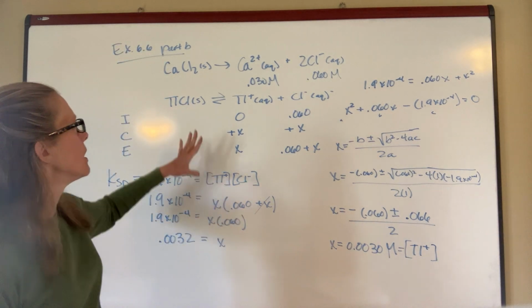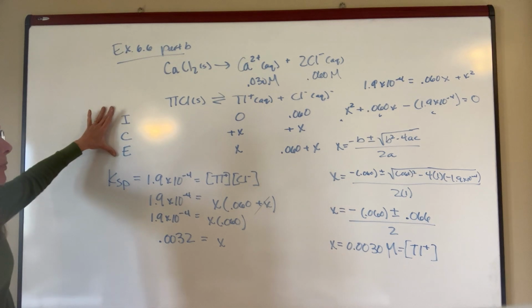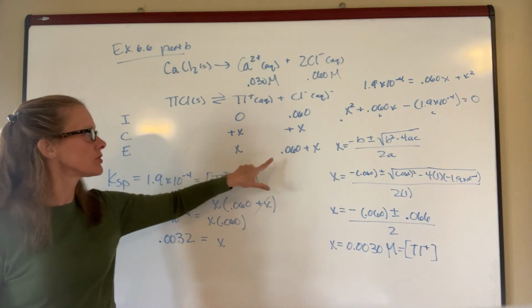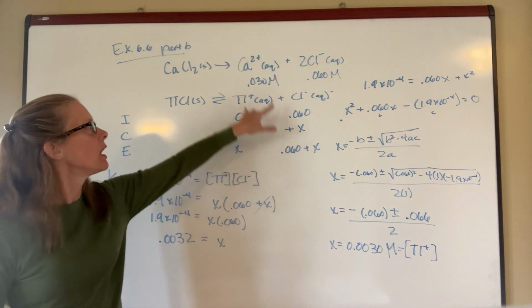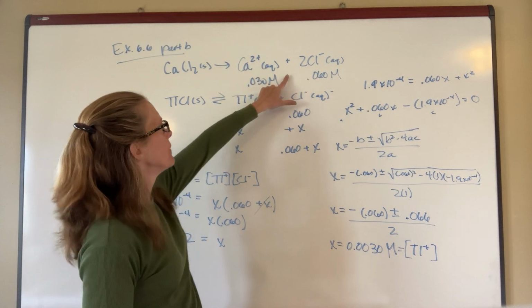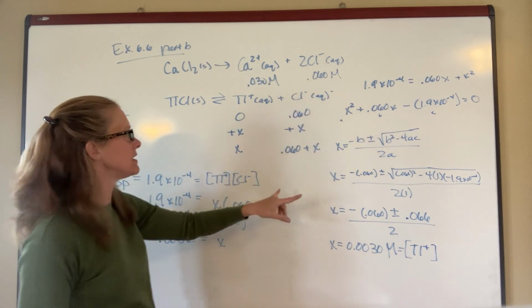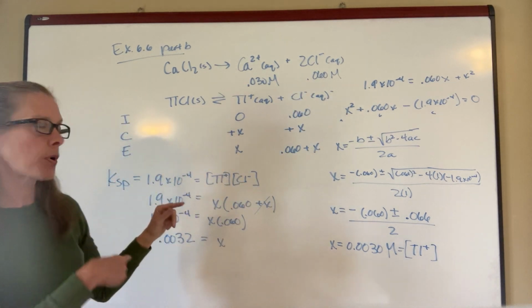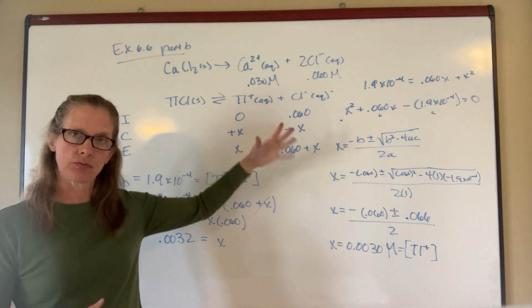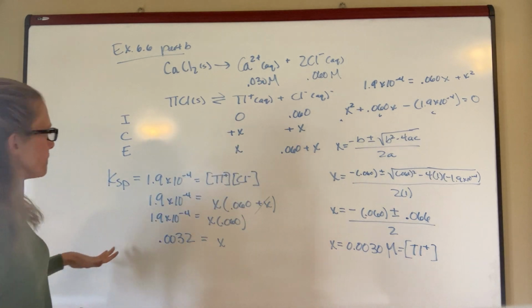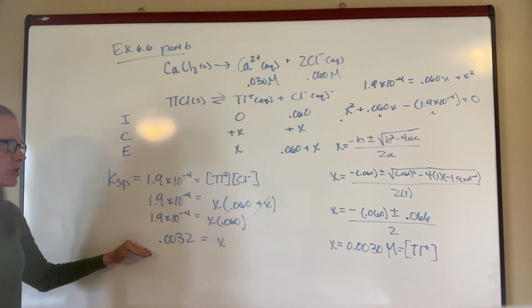So again, you're going to set up your ICE table so you can figure out what kind of concentrations you're dealing with in solution. Make sure you're watching your stoichiometric coefficients so you're doubling things where that needs to happen. Remember the first problem we did, we had 2x's in place of regular x's, so you've got to watch that. Set up your Ksp expression.